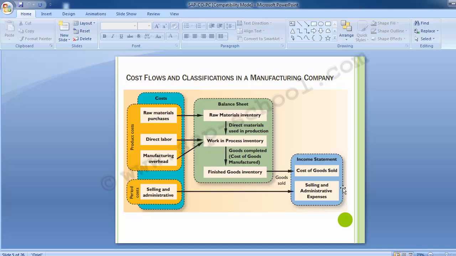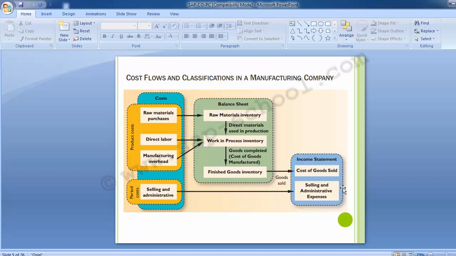The reason is that these costs go directly into the inventory account as they are incurred, first into the work in progress account and then into the finished goods, rather than going directly into the expense account. So the values are stored in the work in progress or the finished goods inventory until they are sold. Till the point they are sold, they are stored in the inventory account. They are called inventoriable cost.